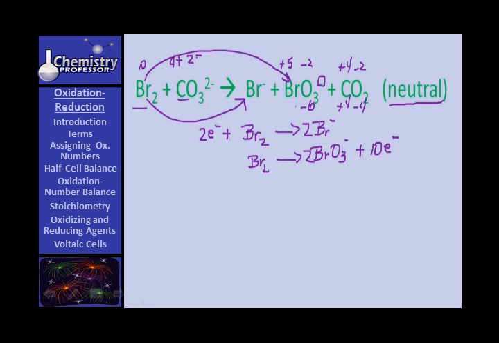All right, now let's balance the charges. The charges on this one balanced fine, but the charges here are really off because this is 0, and over here this is a total of -12. And the problem is we're in a neutral solution, so we can't use hydrogen ions or hydroxide ions. We have to use an ion that's not undergoing a change. Well, look at carbonate. In this, carbon is a +4 and oxygen's a -2.